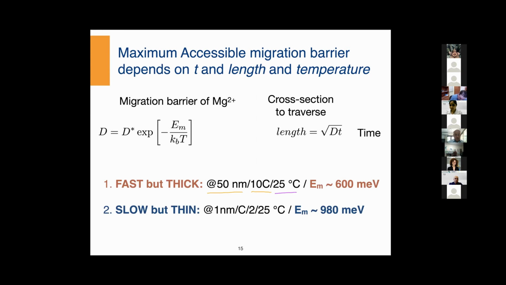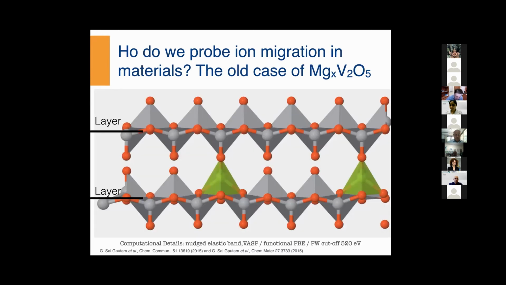Now you can have the other end of the spectrum where you have a rather thin coating and you discharge slowly. This is not super slow in magnesium batteries, but it is still not very fast. And we keep the temperature for comparison at 25 degrees C. What you see is that you can tolerate a much higher barrier, 990 meV. So this very much sets the 2 ends of the spectrum, and everything else in terms of thickness or discharge rate falls in between.